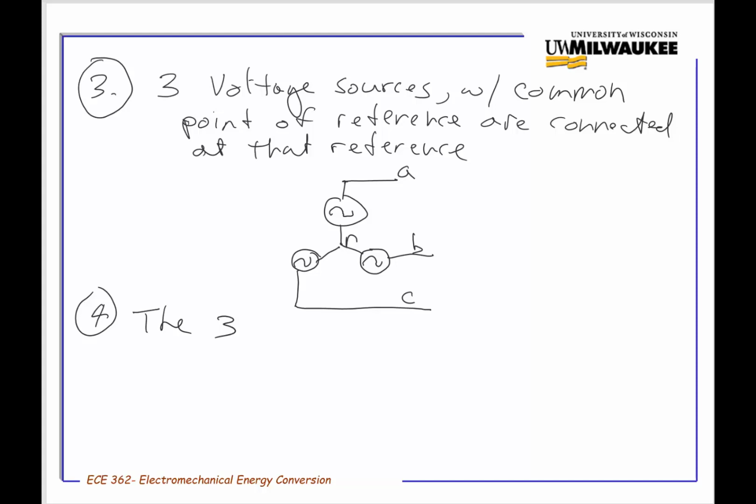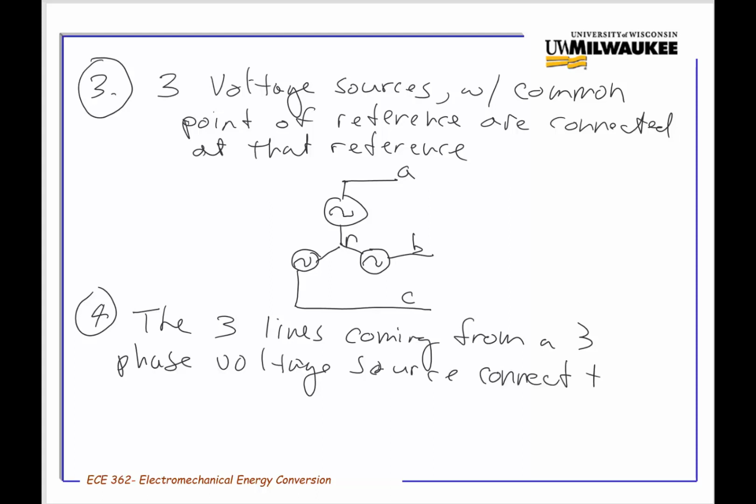And the three lines coming from a three-phase voltage source connect to either a Y configured load or delta.